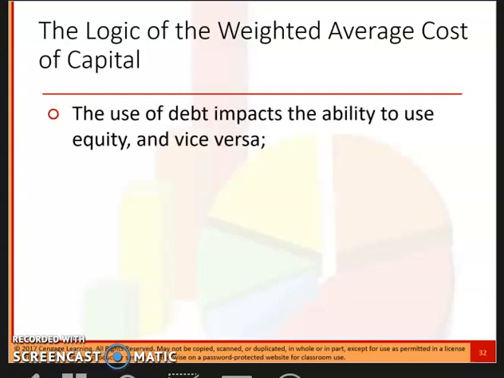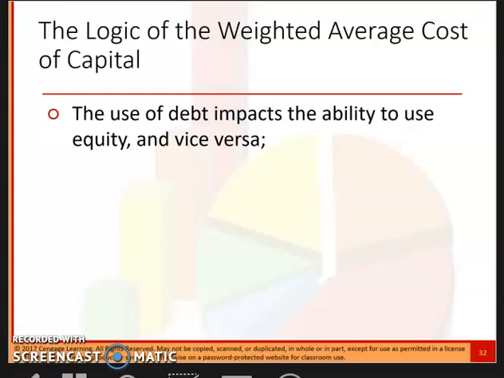The logic behind weighted average cost of capital is that the use of debt impacts the use of equity and vice versa. Especially when you're talking about debt, debt holders have to be paid.